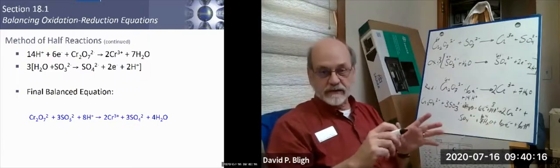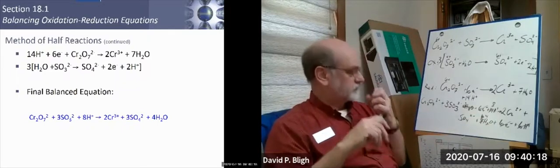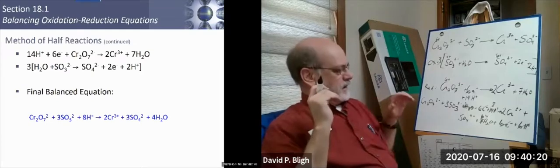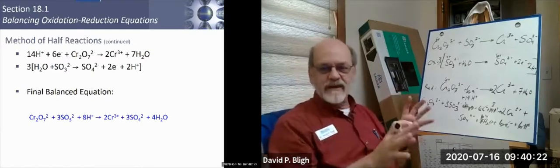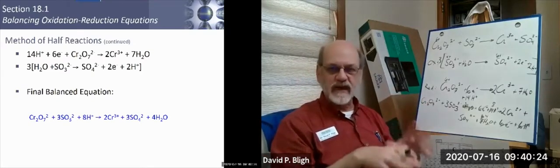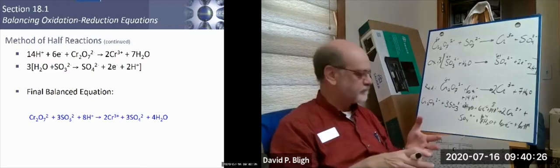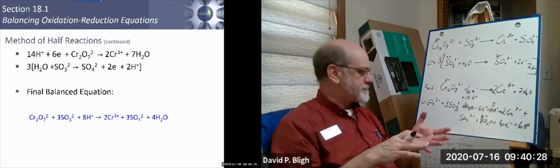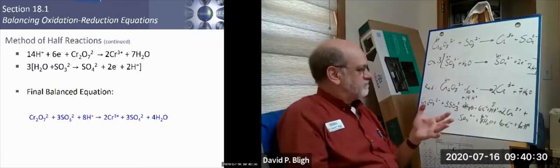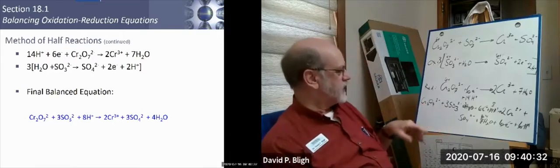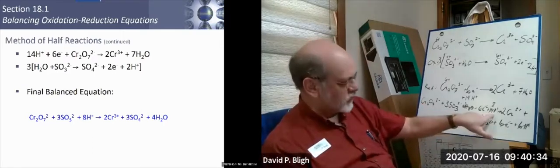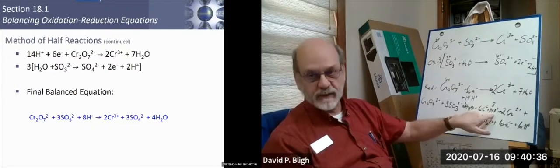Now we're balanced. Okay, that's the method of half reactions for an acid-based solution. And you will usually have some hydrogens left over here to show you that it's acid-based.